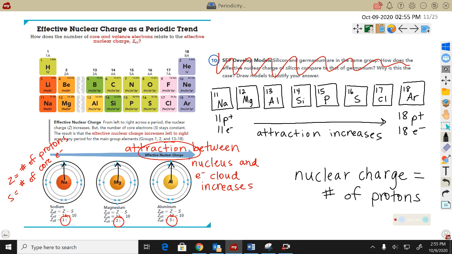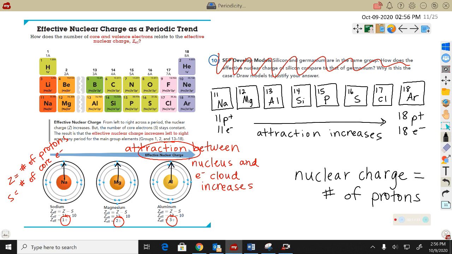So the key is that as you go across the periodic table, yes, you are adding electrons, but you're just adding the electrons to the same energy level. So essentially that distance between the nucleus and the outer electrons is really about the same. We're just filling the 3rd energy level as I go from sodium across to argon.